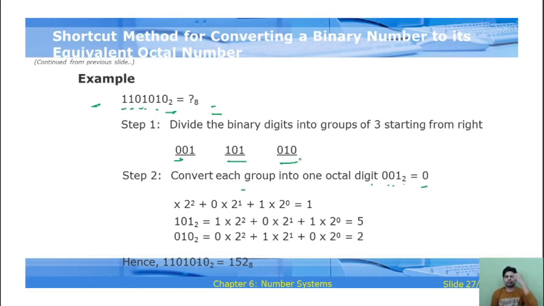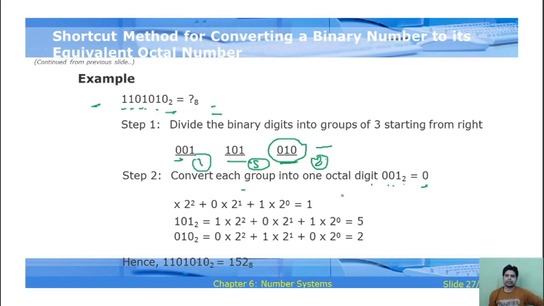Now we convert to the octal digits: the group 010 gives 2, the group 101 gives 5, and the group 001 gives 1. Clear?